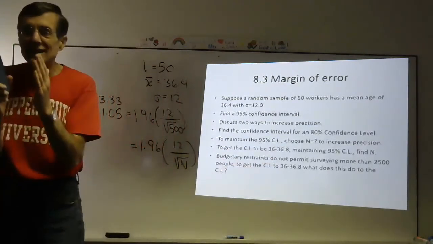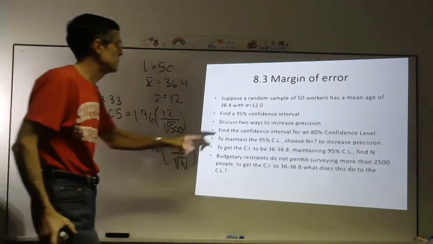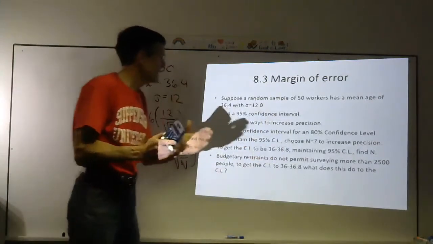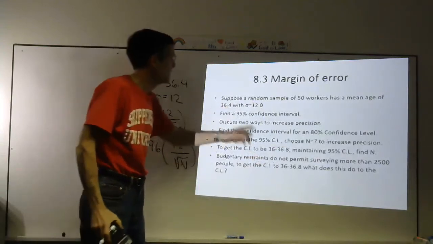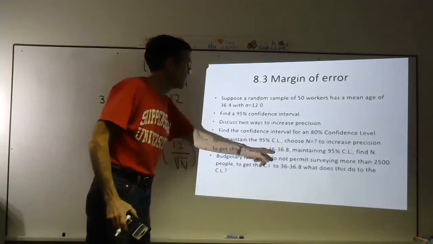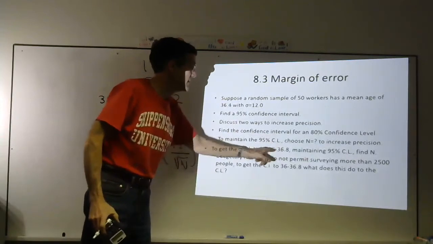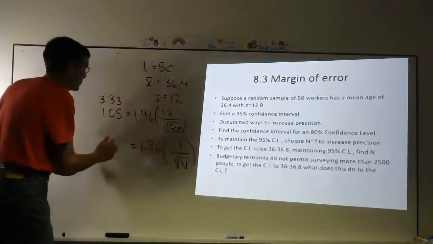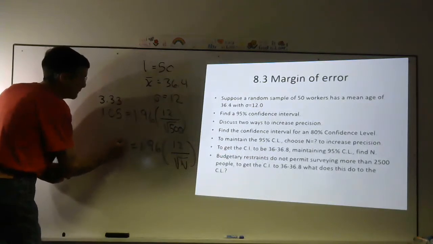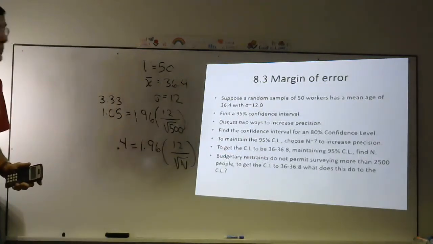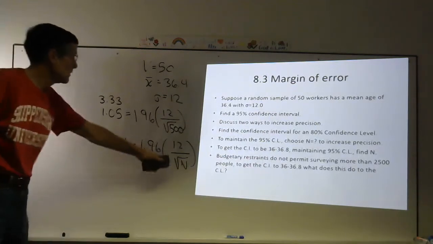I mean, really tight on the 36.4. What are we adding and what are we subtracting here? Isn't it 0.4? We're adding and subtracting to get that. So what we're going to add and subtract is 0.4. Okay, super, super tight.